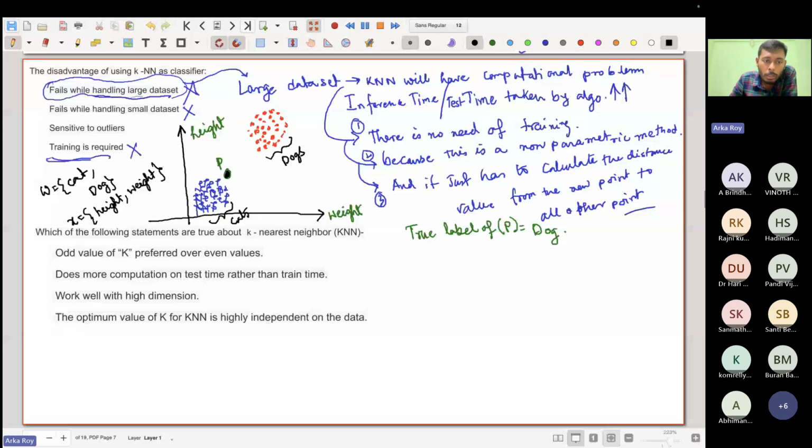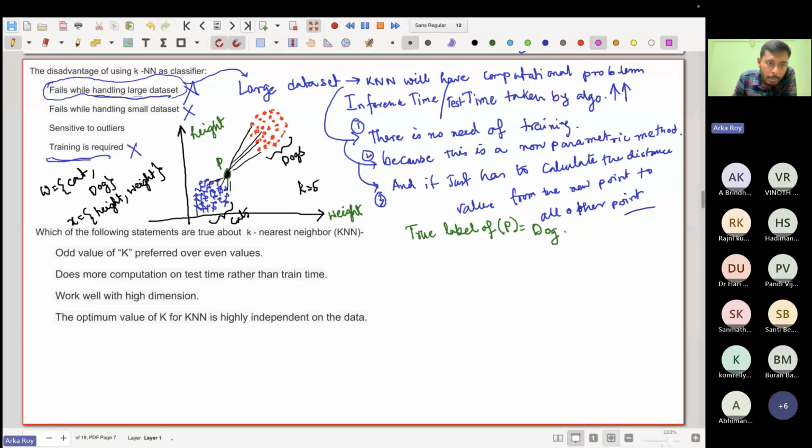So what you will do, you have to calculate the distance from all the points. Let's say I consider k equal to 5. You have calculated all the distances and stored them in ascending order. Then k equal to 5 means you have to consider the 5 nearest neighbors.